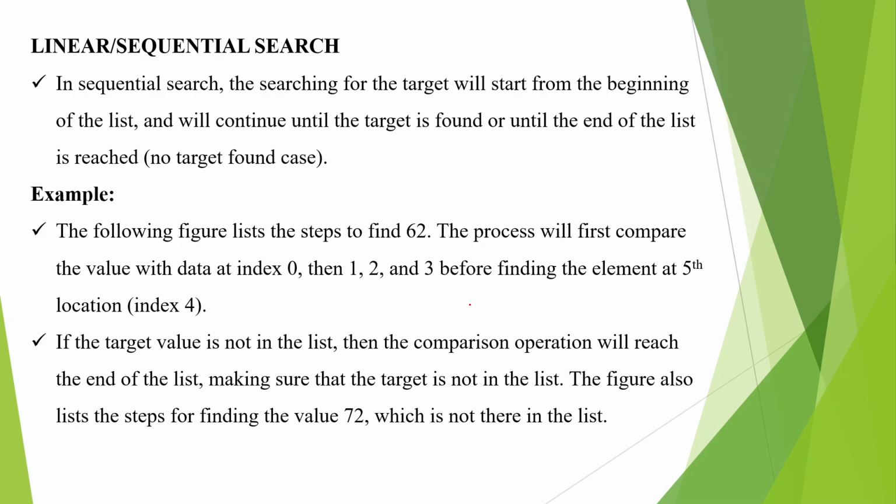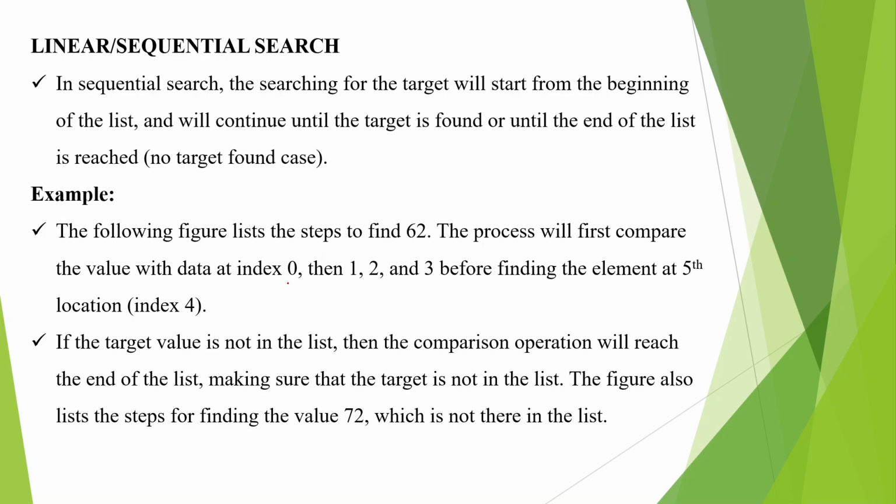If it matches, we stop the search, and there itself we return the index where we found the match. If it is not matched, we go to the next element and look for the match over there, and we perform this process until we reach the end of the list.